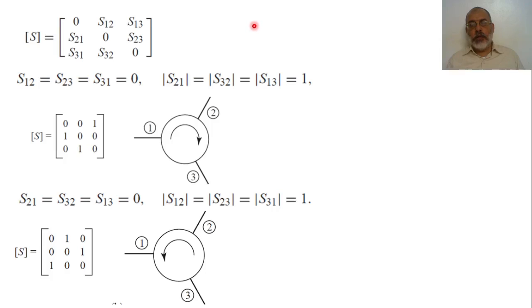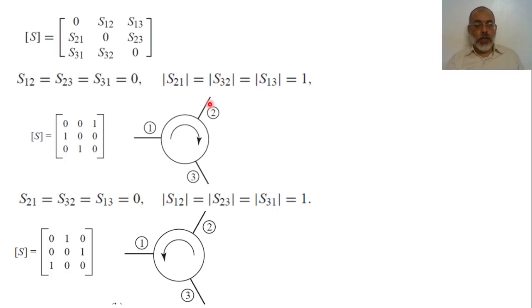Then the scattered signal received by the antenna goes from port 2 to port 3, to the low noise amplifier, which is connected to port 3. So we connect the output of the power amplifier to port 1 and the input of the low noise amplifier of the receiver to port 3, and at port 2 we connect the antenna, which works as a transmitter and receiver at the same time.